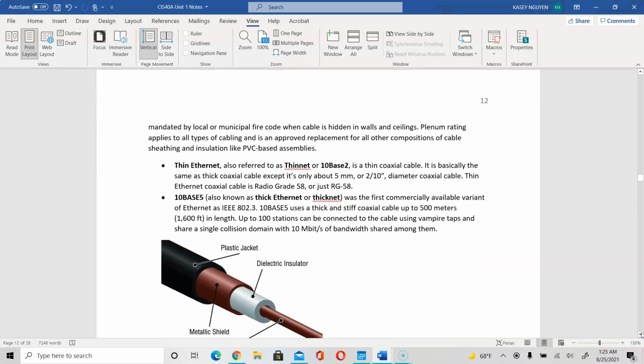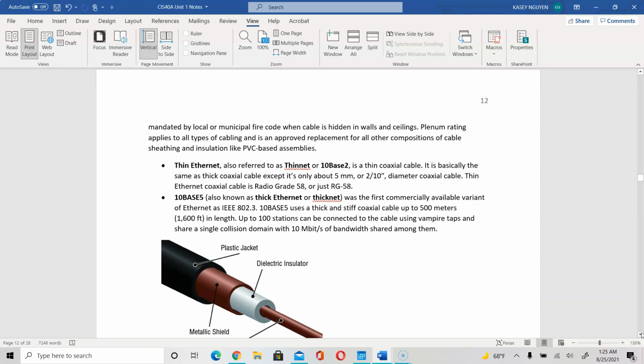So there are 2 types of coaxial. The first is going to be thin net or thin Ethernet, and this is a 10-base-2. As its name suggests, thin coaxial cable is known as thin net, and the millimeter for the thickness really indicates the type of coaxial.